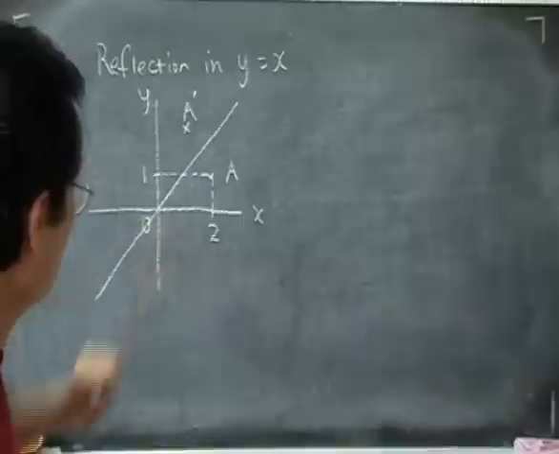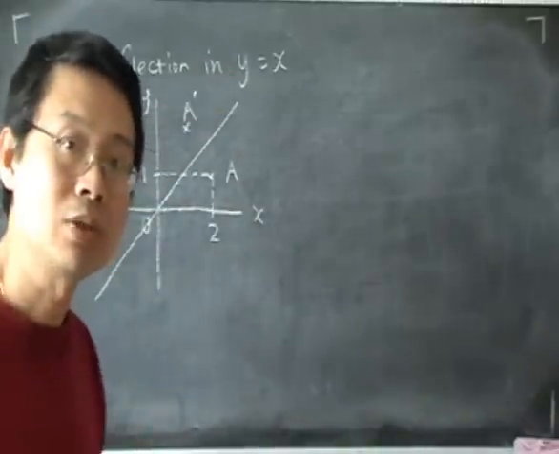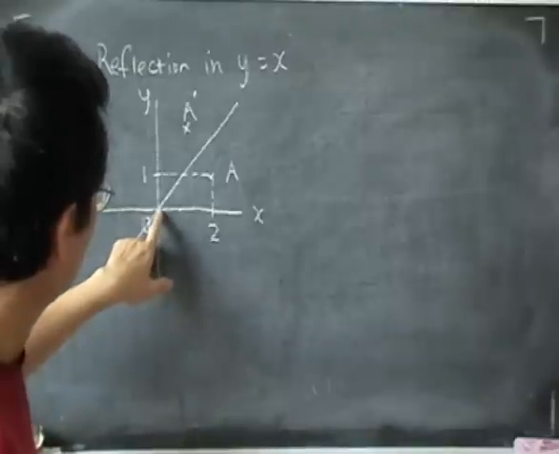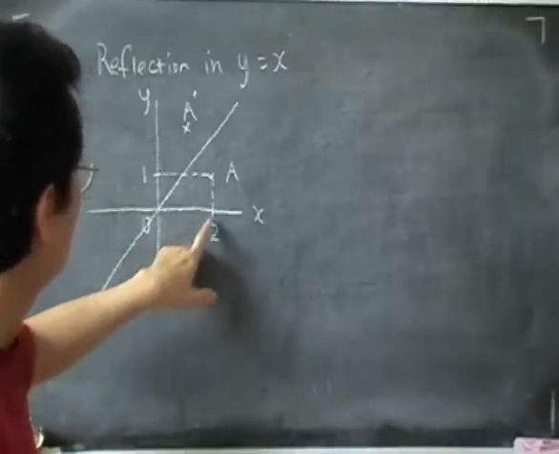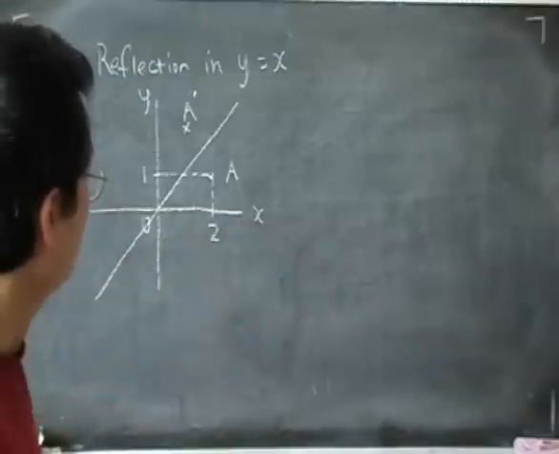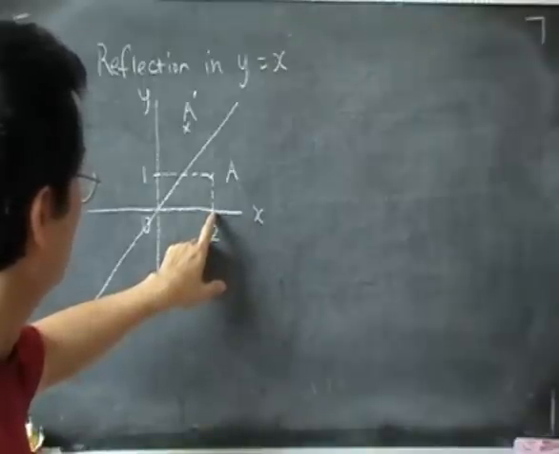The origin is one corner, that's already on the line, so if you reflect it, it just stays on the line. The image of the origin is itself. Let's look at that corner. This point there, which is 2.